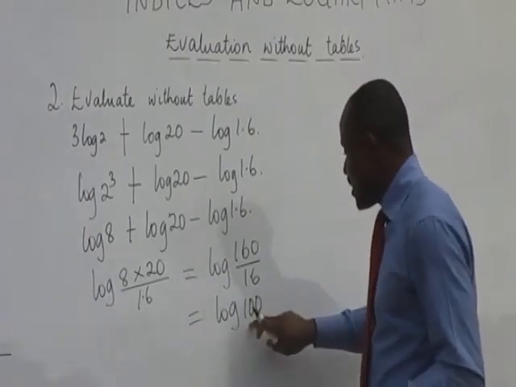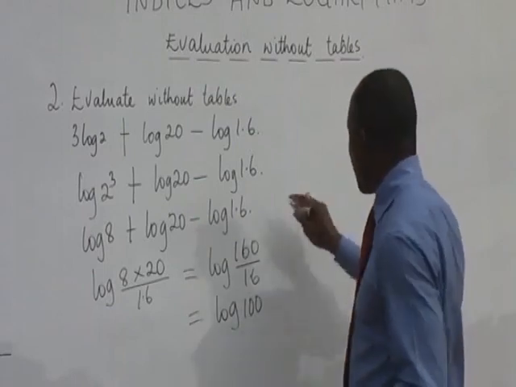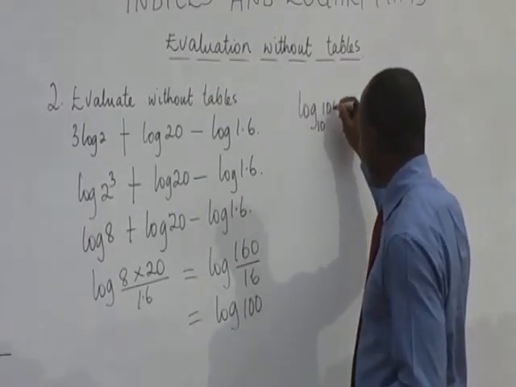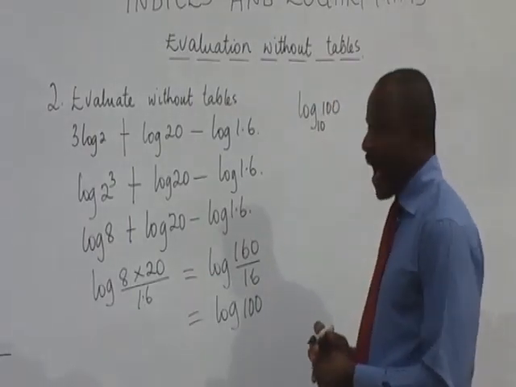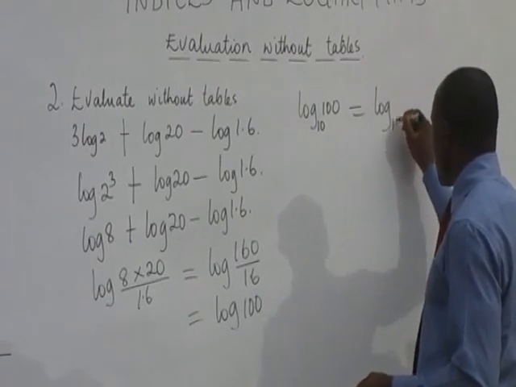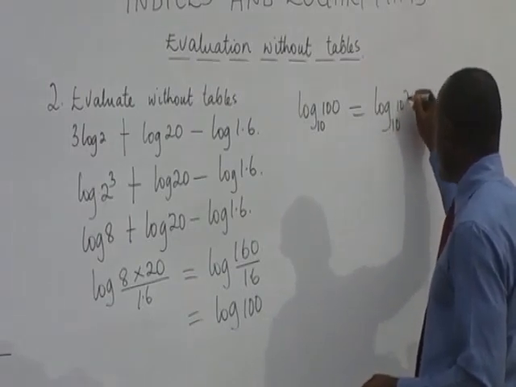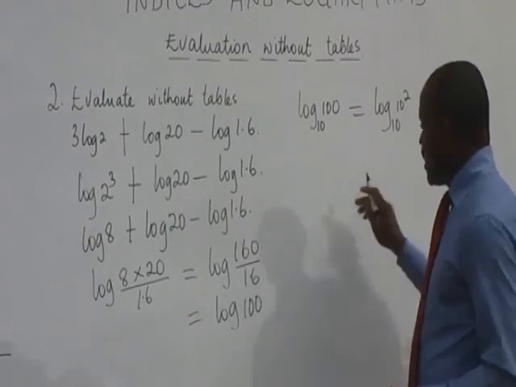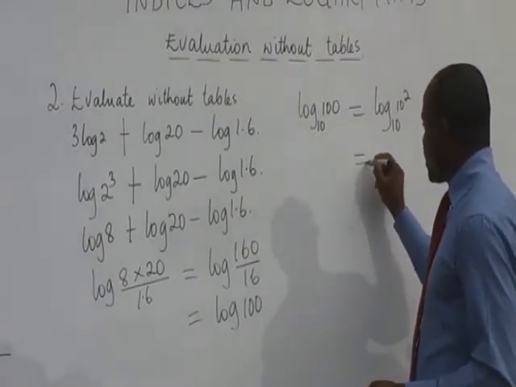So this final term we got now is log to base 10 of 100. And this is the same thing as log to base 10 of 10 exponent 2. What the meaning of this is 2.